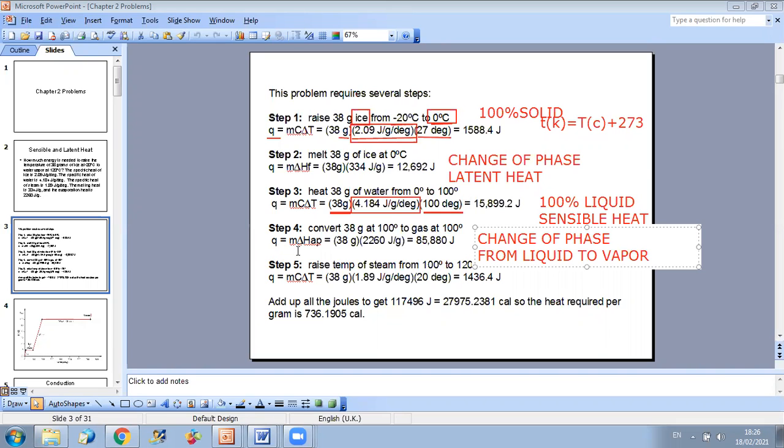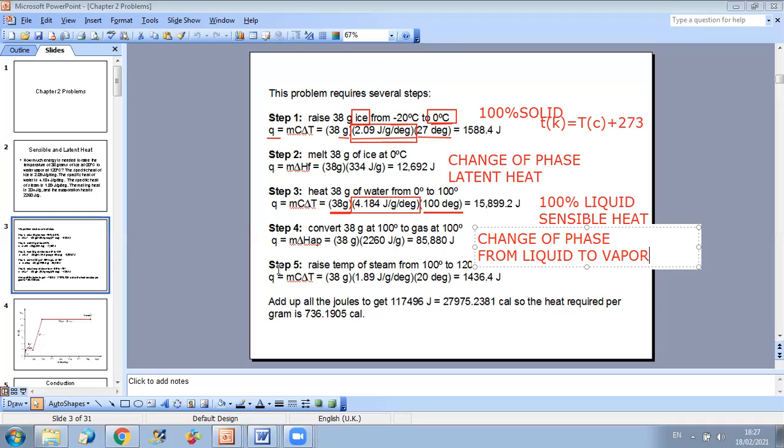So it's m times the latent heat of evaporation, which is also given in the problem. So all we have to do is to multiply the latent heat of evaporation per unit mass by the mass here, which is 38 grams, and we obtain the amount of latent heat to go from liquid to vapor, which is 85,880 joules.